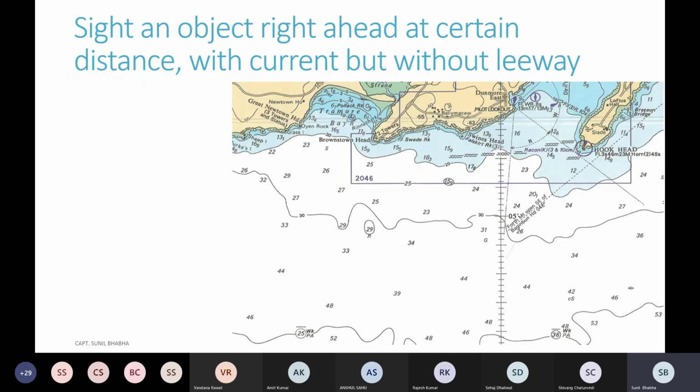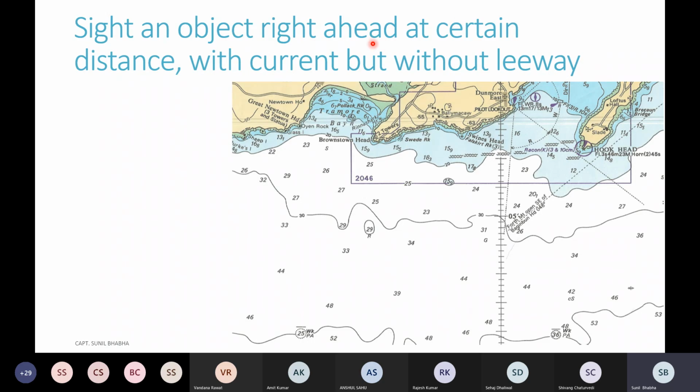So our next topic is sight an object right ahead at a certain distance with current prevalent in the area but without any leeway. So let's see how do we solve this type of question. As you see, we need to sight a particular object, most of the time a particular lighthouse.